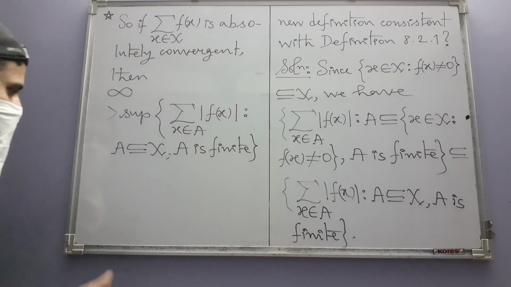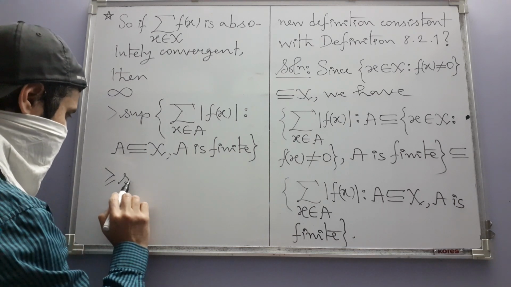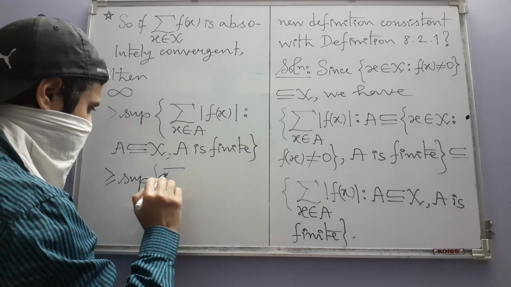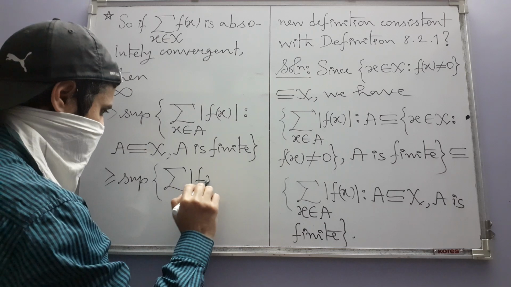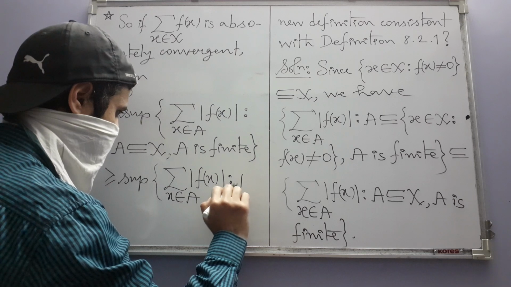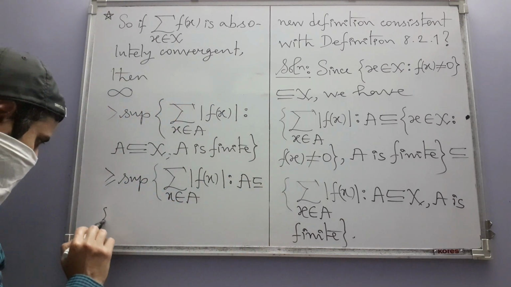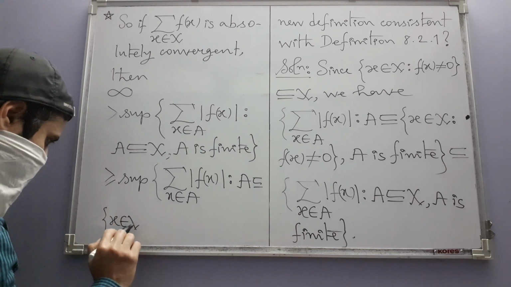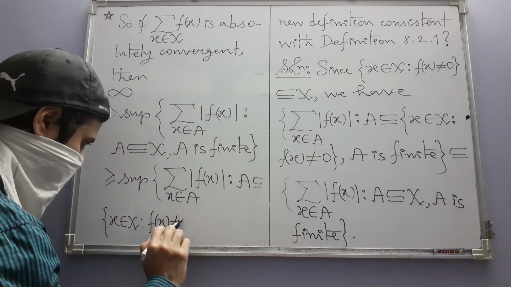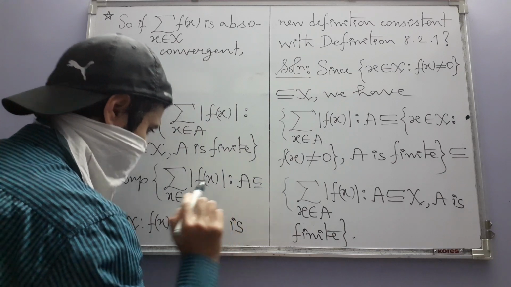So that's why this is greater than or equal to the supremum of this set, where A is a subset of the set of those points at which f does not vanish, and A is finite.